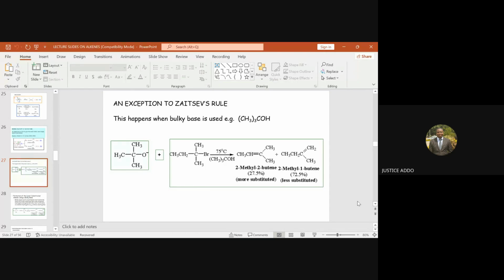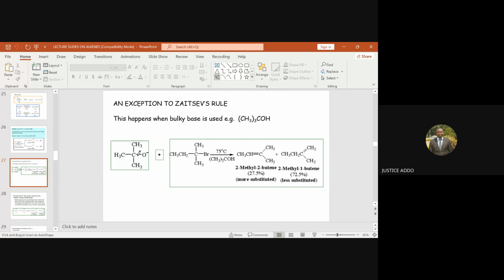Now, when we say a bulky base, we are talking about a base like potassium tert-butoxide or sodium tert-butoxide, something like this. It's very huge because the alkyl group is a lot. It's not just made up of 1 carbon.